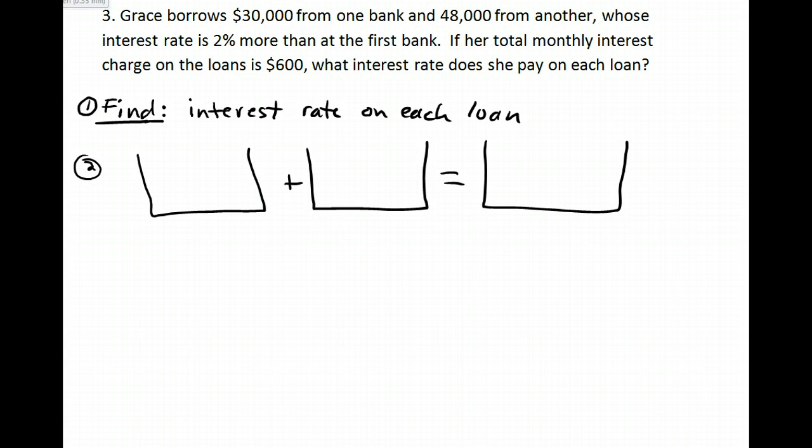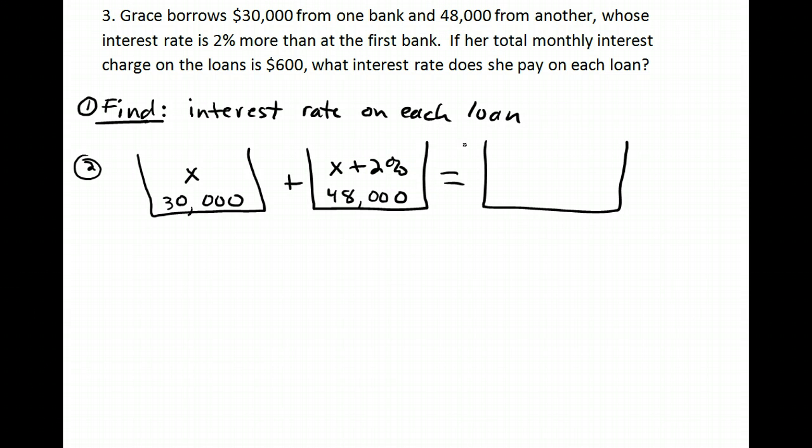First of all, I have two accounts, and the first one is $30,000 and the second one is $48,000. Now the interest rate for both of them are unknown. If I let this one be X, this is 2% more, so this would be X plus 2%.